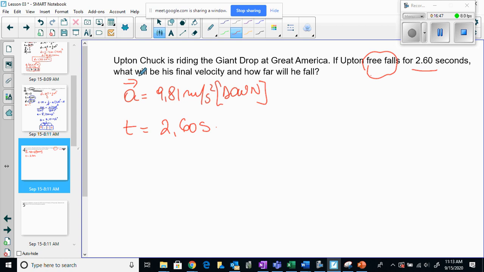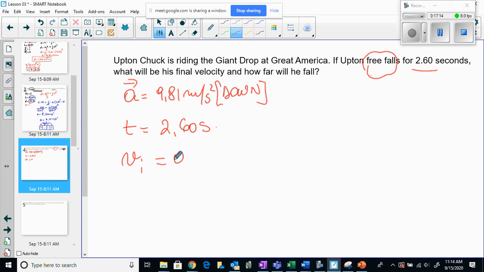And it's a free fall. The assumption that we will make here is that the object, whatever it is, is dropping. Yes, initial velocity is equal to 0, because it is dropping.